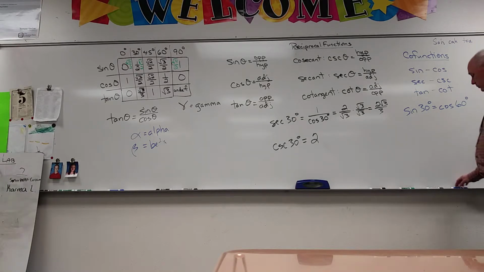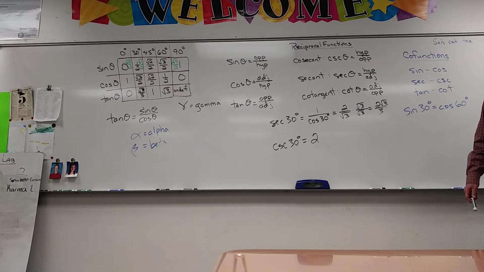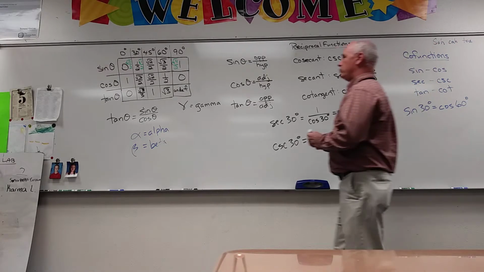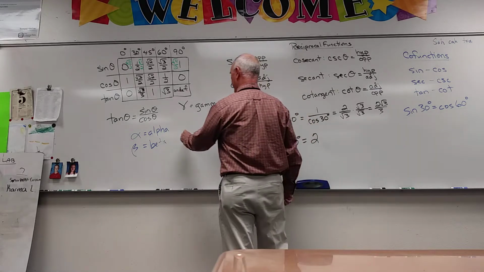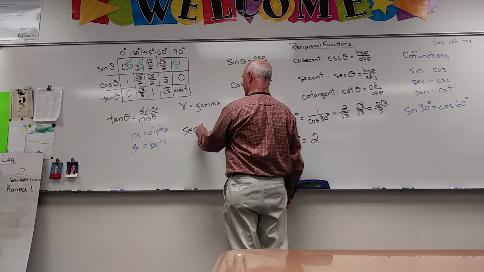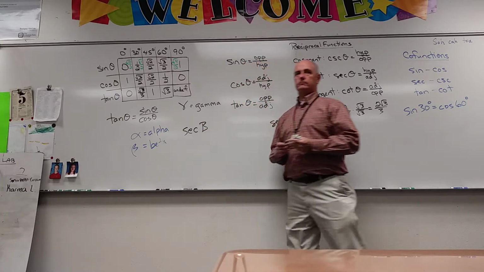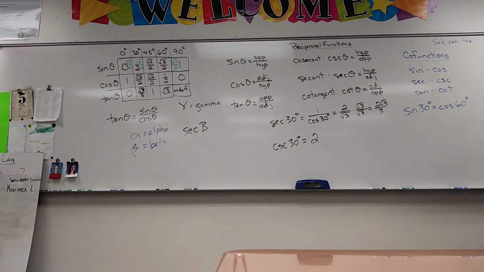Let me ask you a couple questions. Can you give me two other ways to write the secant of b?